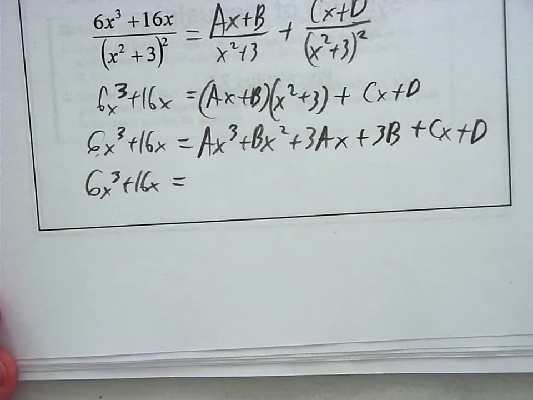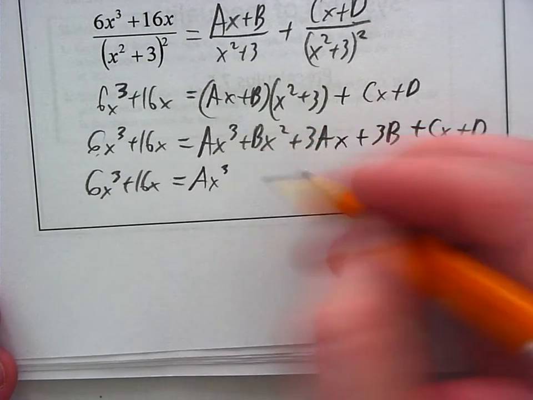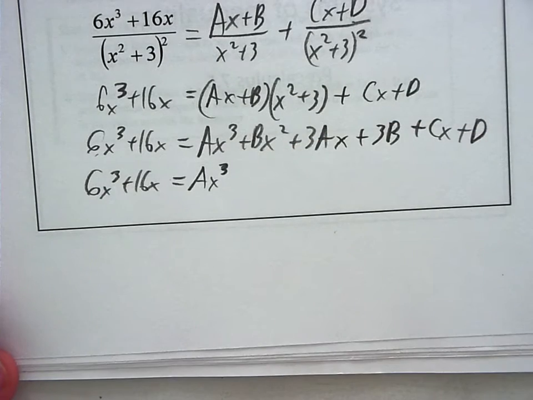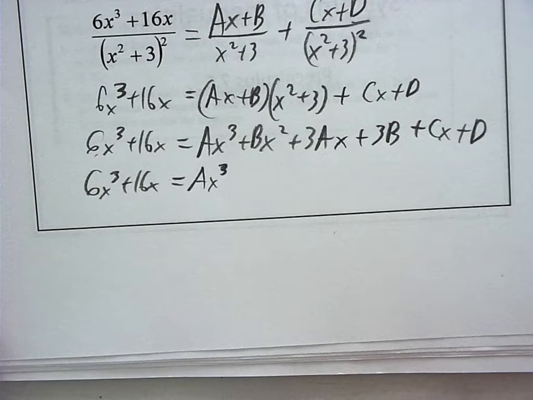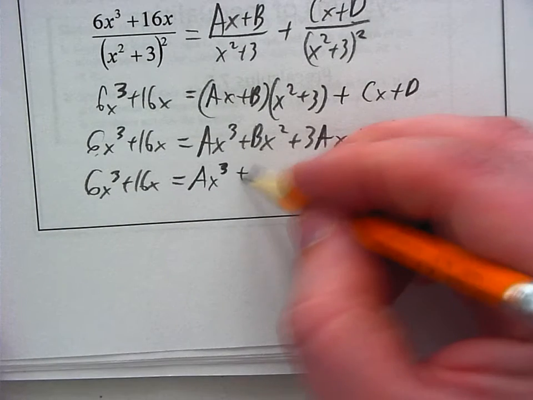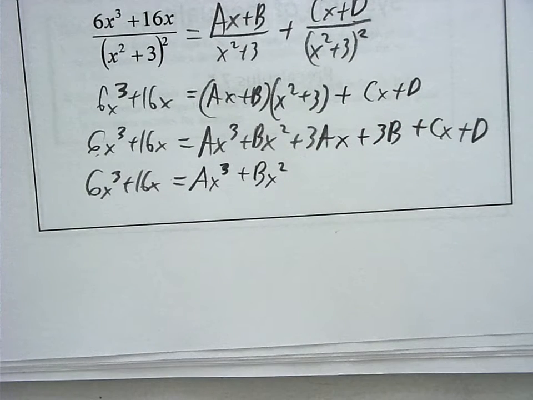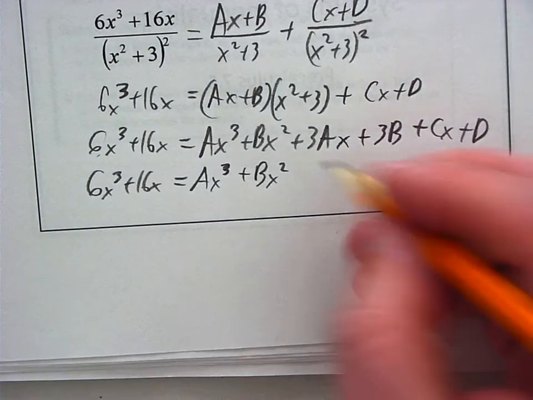What do I have for a coefficient on the x cubed? Just the ax cubed, yep. What do I have for coefficients on x squared? Just the b, yep. What do I have for coefficients on x? 3a plus c.